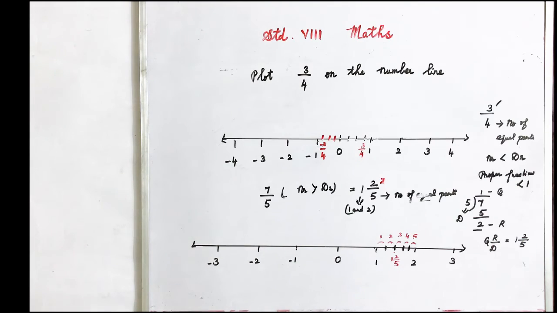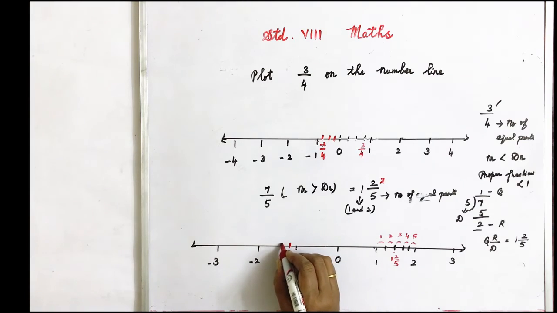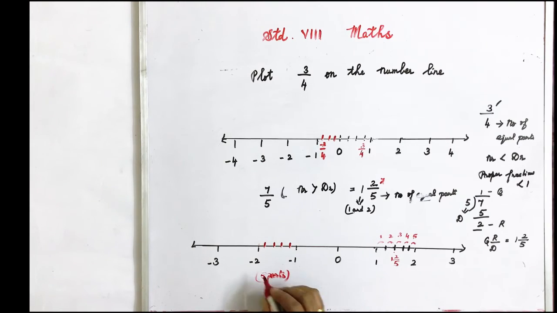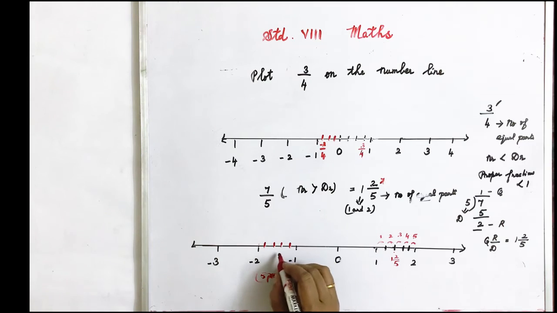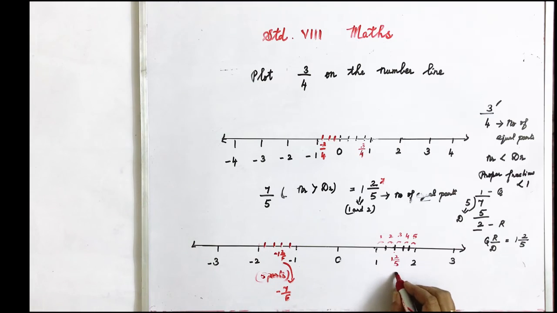So the distance between minus 1 and minus 2 should be divided into 5 equal parts. 1, 2, 3, 4 lines are enough because this is the 5th part. And where will you mark 2 by 5? On the second line. So this is minus 1, 2 by 5. It is nothing but minus 7 by 5. And this one is 7 by 5.